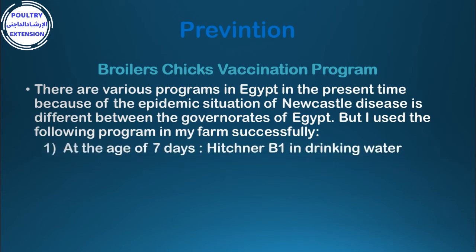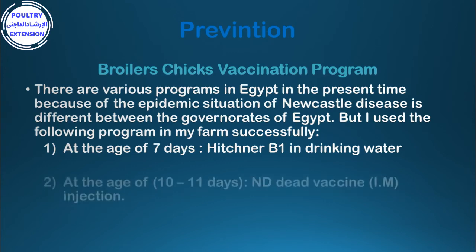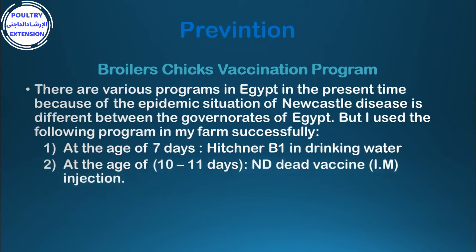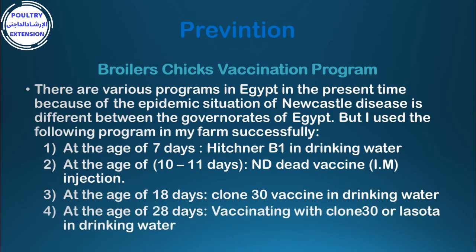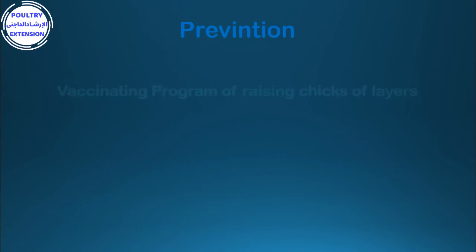At the age of 7 days, HNRB1 in drinking water. 2. At the age of 10 to 11 days, ND vaccine IM injection. 3. At the age of 18 days, Clone 30 vaccine in drinking water. 4. At the age of 28 days, vaccinating with Clone 30 or Lasota in drinking water.